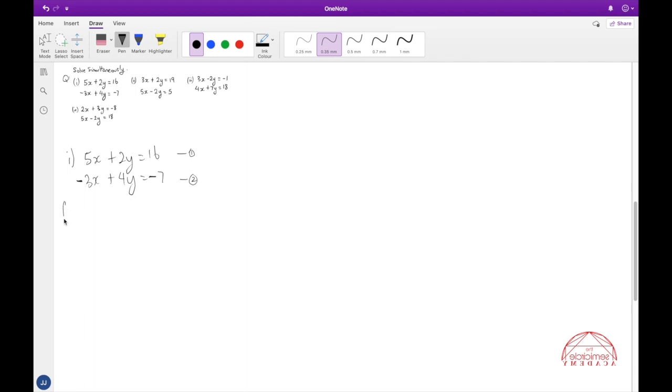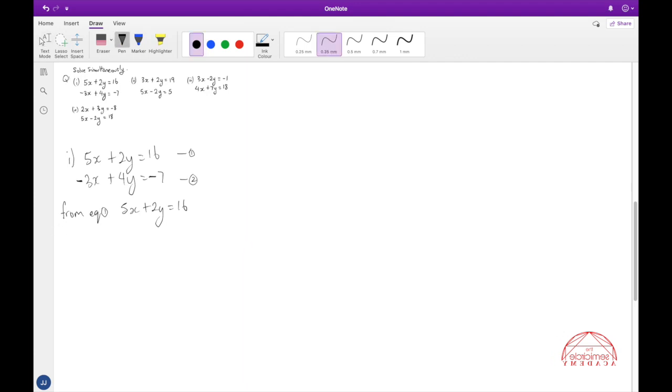So from equation 1, 5x plus 2y is equal to 16. Now, with this, I could make either x or y the subject of the formula. So let's go with y.